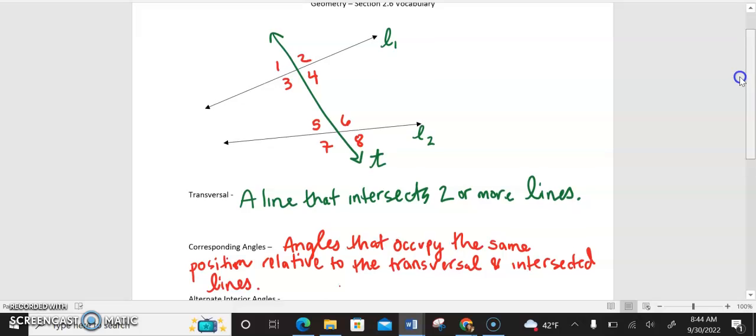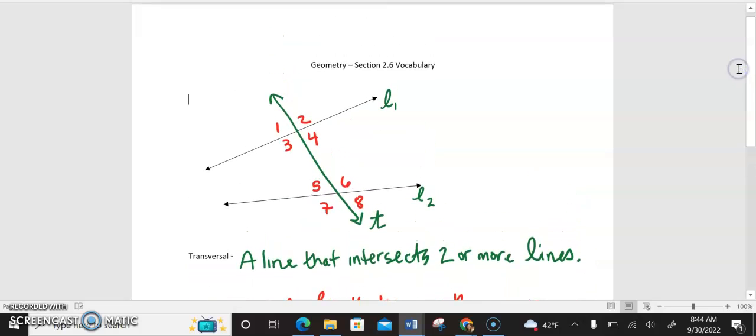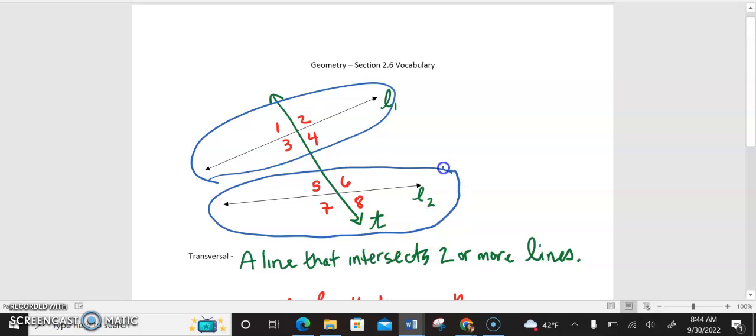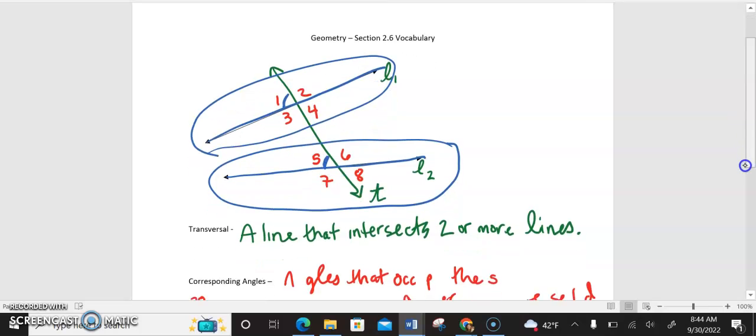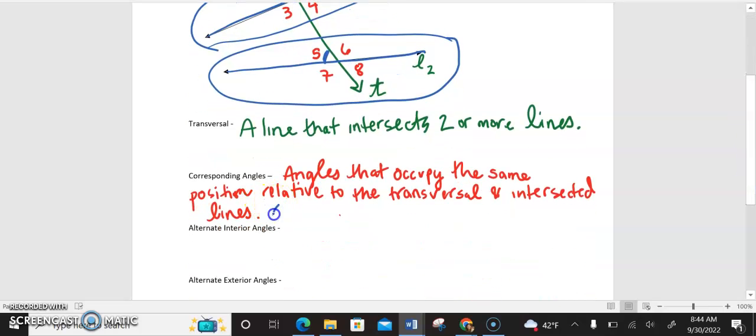So when I say same position, what I'm looking at is, for example, if I look at this pair of angles here and this pair of angles here, I have an angle in the upper left. So that would be angle 1 and 5. It's above this line, but to the left of the transversal. So angles 1 and 5 are corresponding.